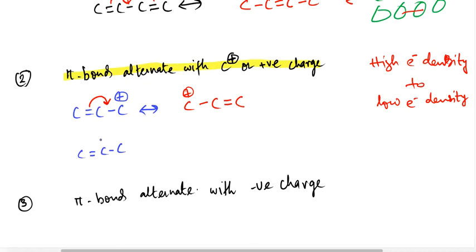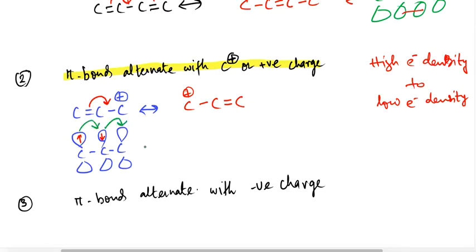So I will just remove this pi bond. Here you have this carbocation, so you have empty p orbital. Here you have double bond, so you will have one electron like this. Now that electron will move from here to here.